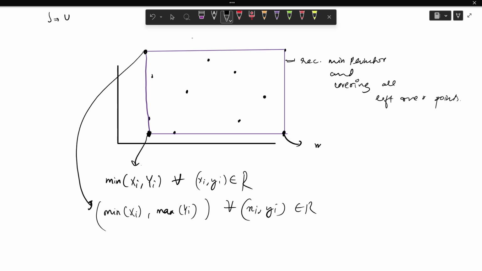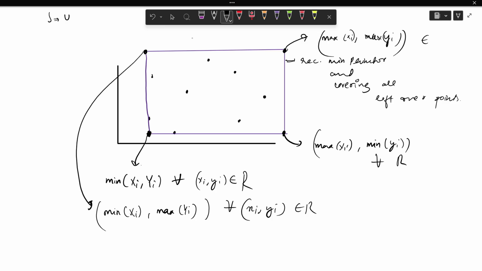This point is basically the maximum of xi, minimum of yi that belong to R. And this point is the maximum of xi, maximum of yi that belongs to this set.